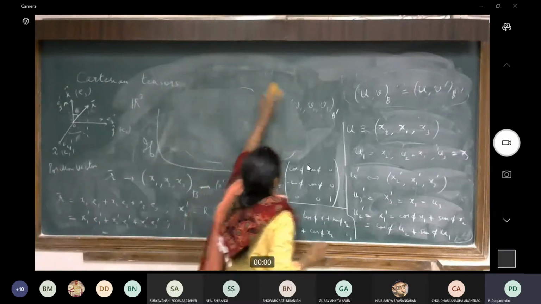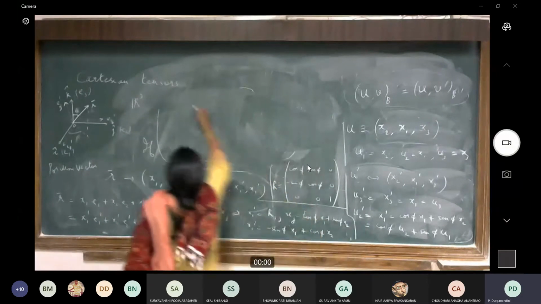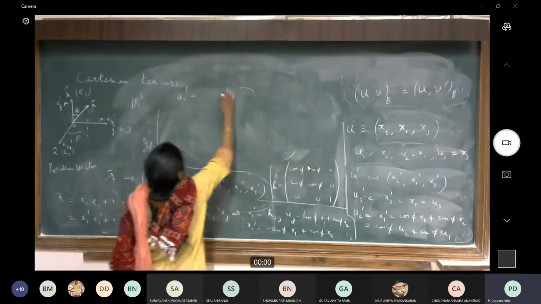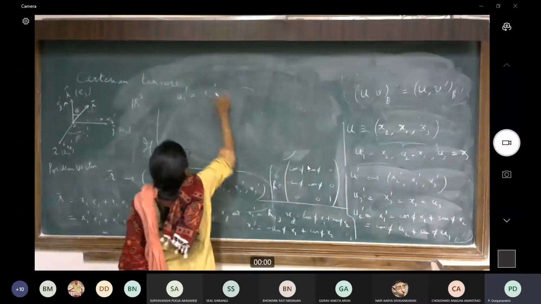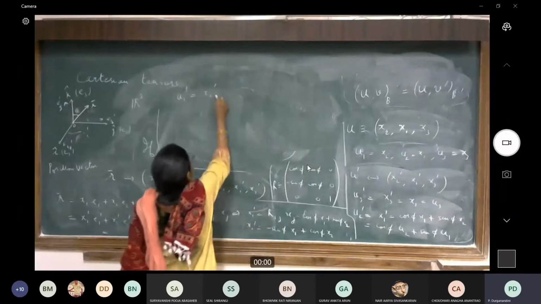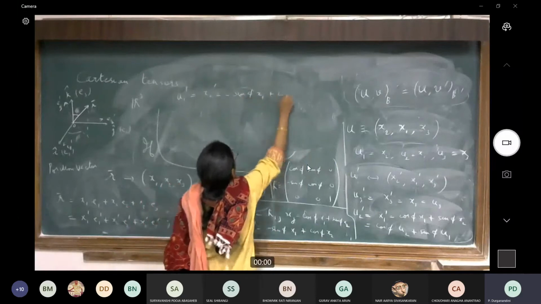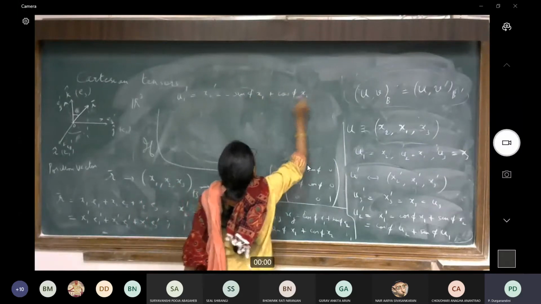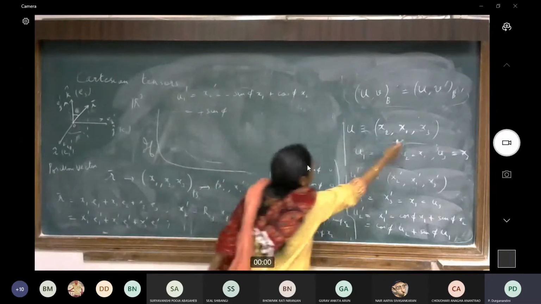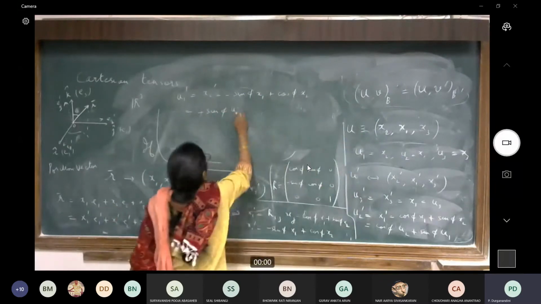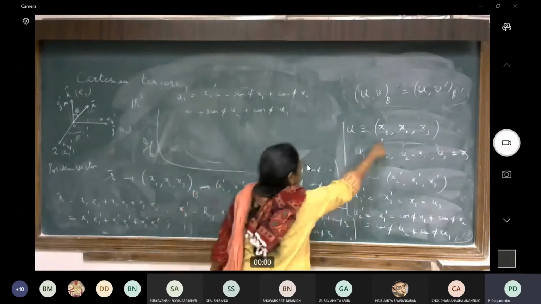Now, u1 prime is, from this definition, x2 prime. And x2 prime from here is minus sin phi times x1 plus cos phi times x2. According to us, this becomes minus sin phi times u2 plus cos phi times u1, because x2 is u1.